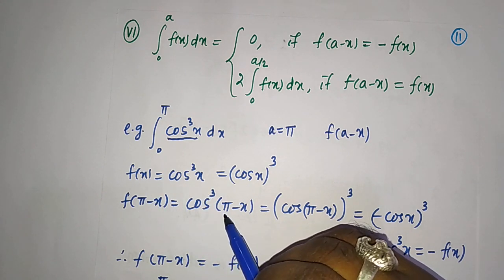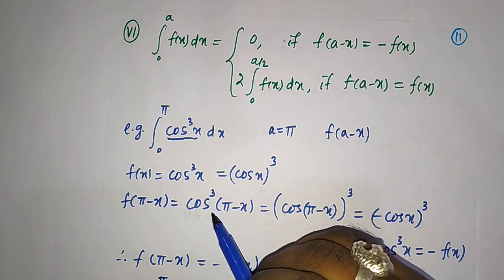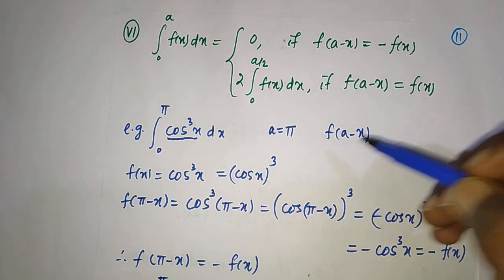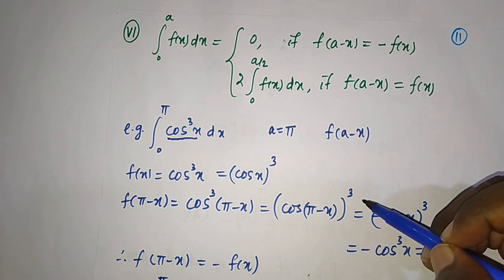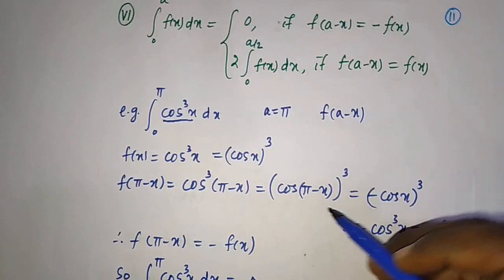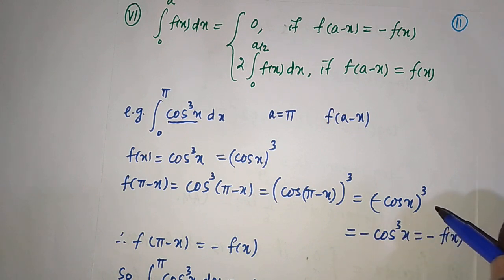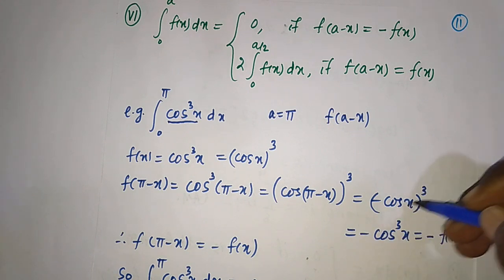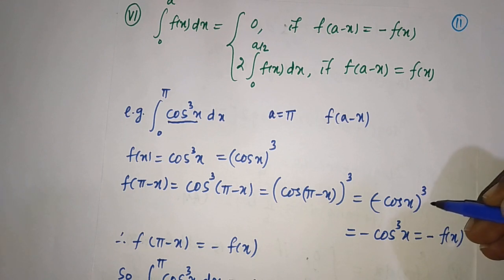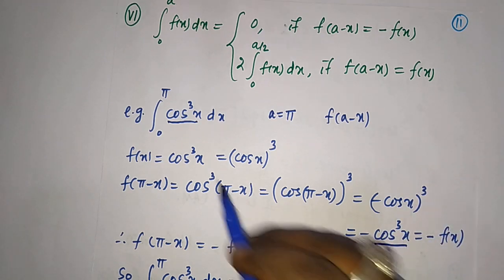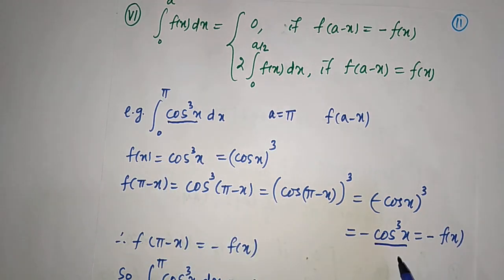So put it here, cos cube of pi minus x means cos pi minus x whole cube. And we know cos pi minus x is minus cos x. And minus cos x whole to the power 3 is equal to minus cos cube x. This cos cube x is what? F of x. So minus cos cube x equals minus f of x.